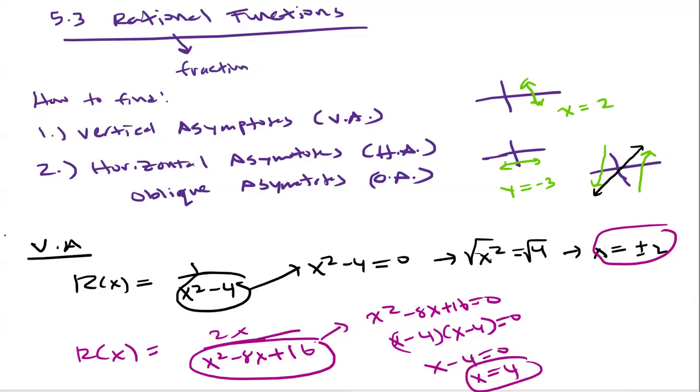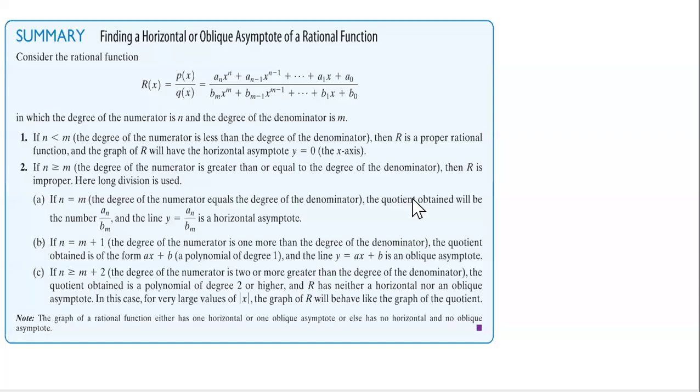All right, now the horizontal asymptote is a different ballgame. So I have a chart here. Okay. So this is a summary of finding horizontal or oblique asymptotes. Okay. So you have R of x is equal to P of x over Q of x, which is a rational function. Okay. So don't worry so much about all this notation here. Let's just focus on these steps.